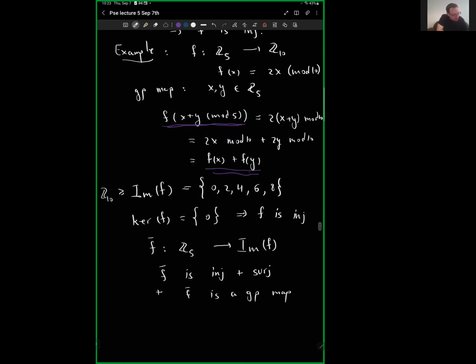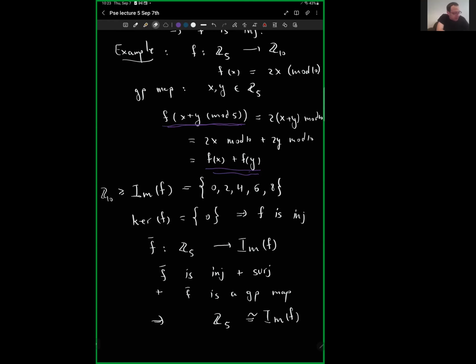So we get that integers modulo 5 is isomorphic to image of F, because F bar is such an isomorphism.